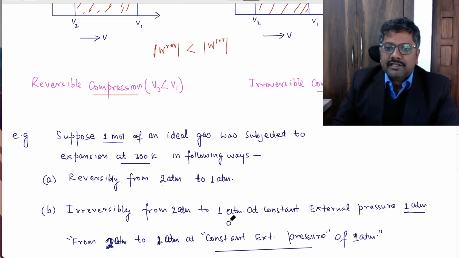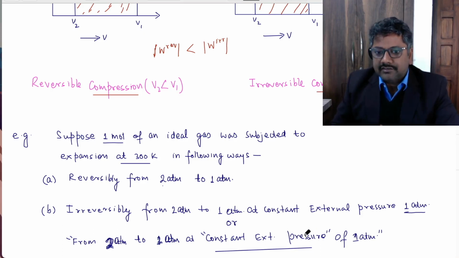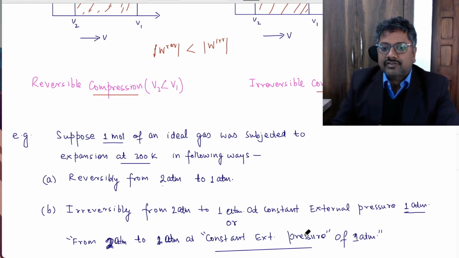Or this can be written as: from 2 atm to 1 atm at constant external pressure, without mentioning irreversibly. So whenever the term constant external pressure comes anywhere in the question, immediately you understand the process is irreversible. These are the indicators through which you can identify whether the process is irreversible or reversible, right?